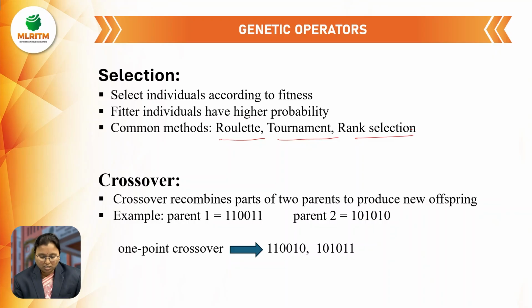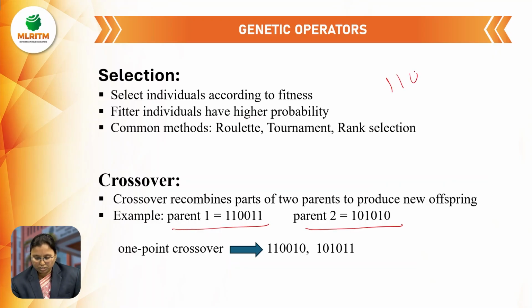The next one is crossover. What is crossover? Crossover means recombining parts of two parents to produce new offspring. Suppose I am taking parent 1 as 1 1 0 0 1 1 and parent 2 as 1 0 1 0 1 0.